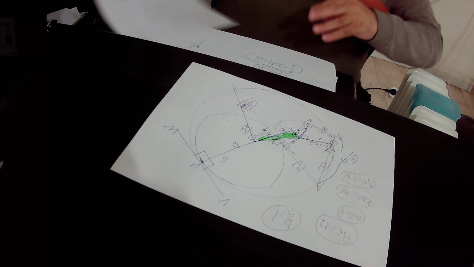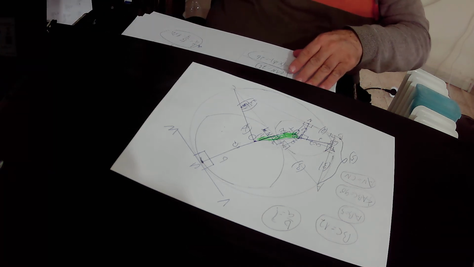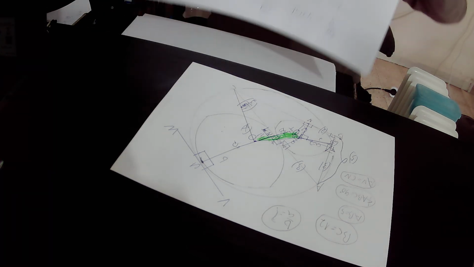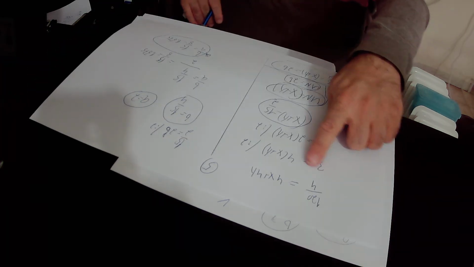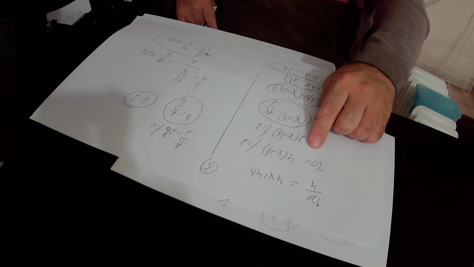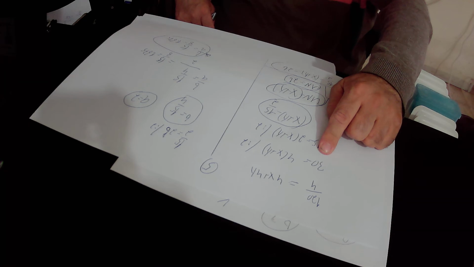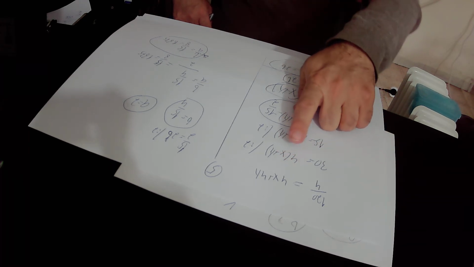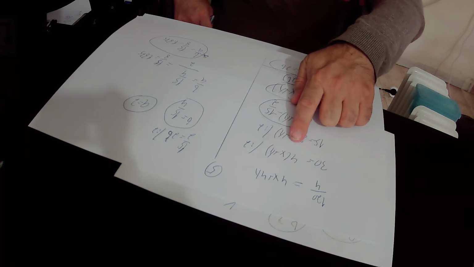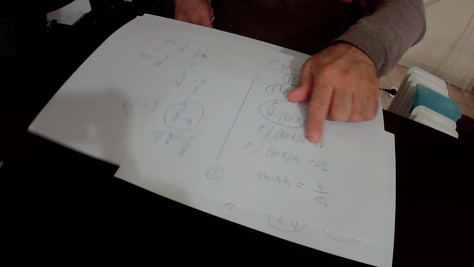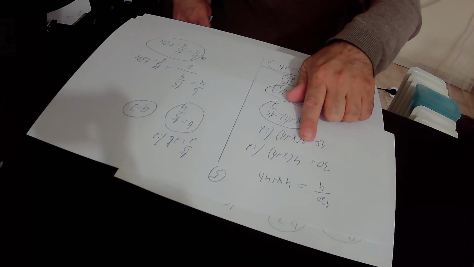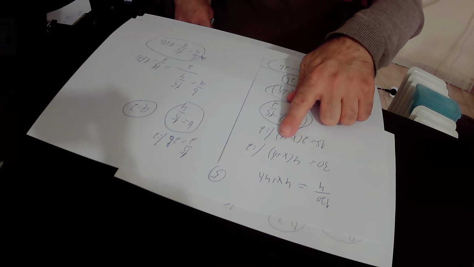Repeat again, I found out that 120 over 4 equals 4x plus 4h. 120 over 4 is 30. Here we took 4 as a common factor for those two expressions, so inside the brackets we have x plus h. In conclusion, 30 equals 4 times x plus h.